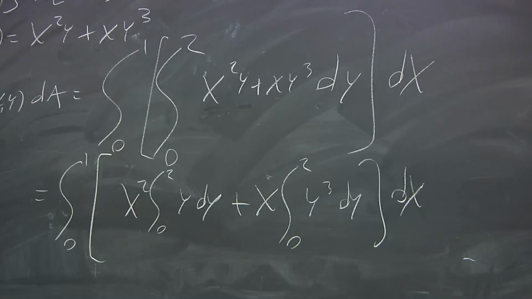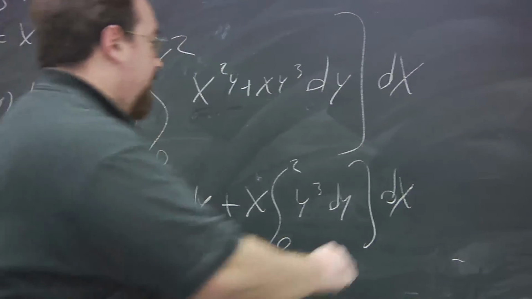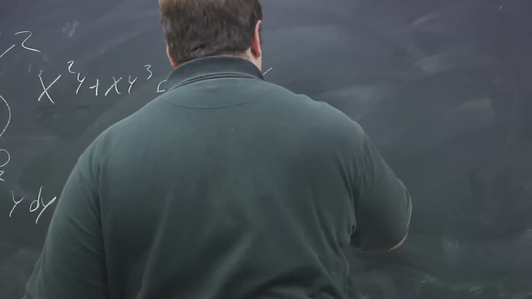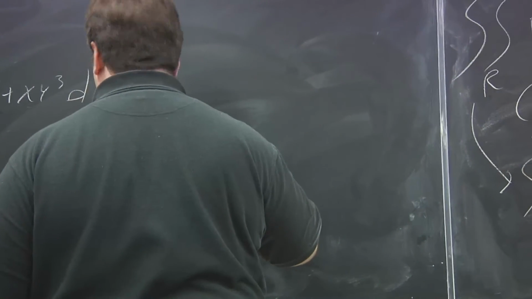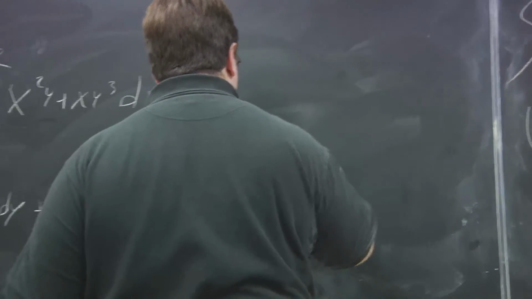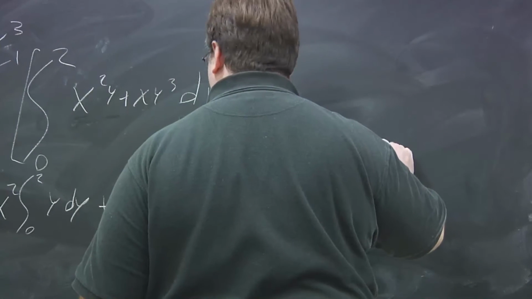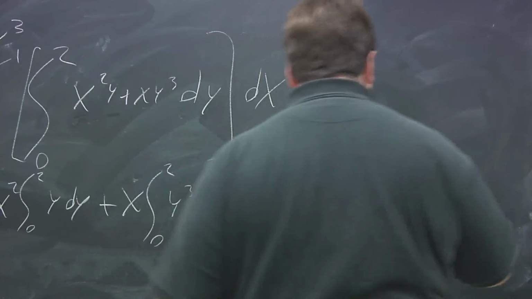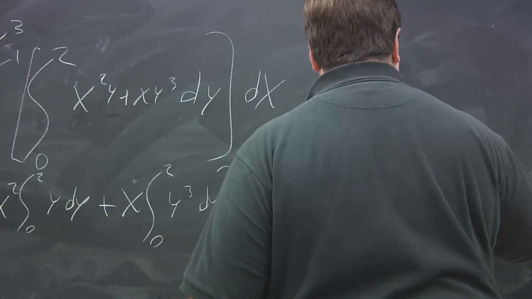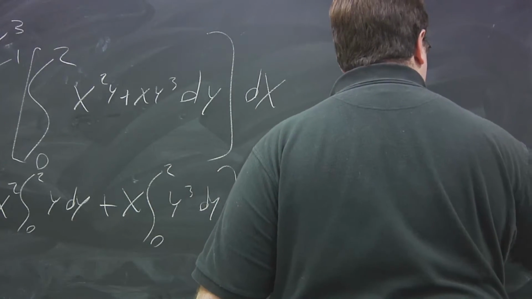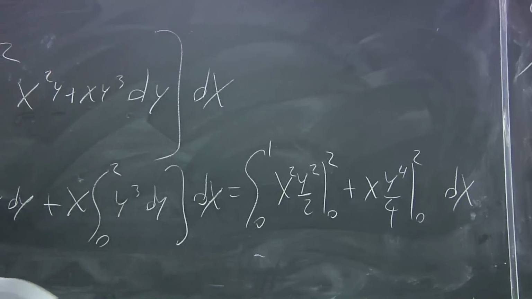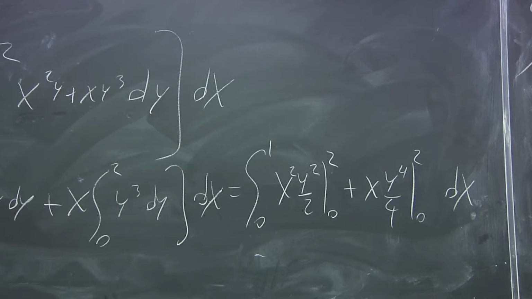So now we can integrate these in the usual manner. So now we're going to have x squared times y squared over 2 evaluated at 0 and 2, and then x times y to the 4th over 4 evaluated at 0 and 2. And we're going to plug in these limits just for y.